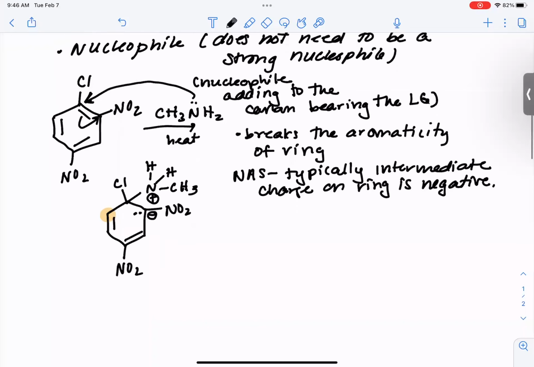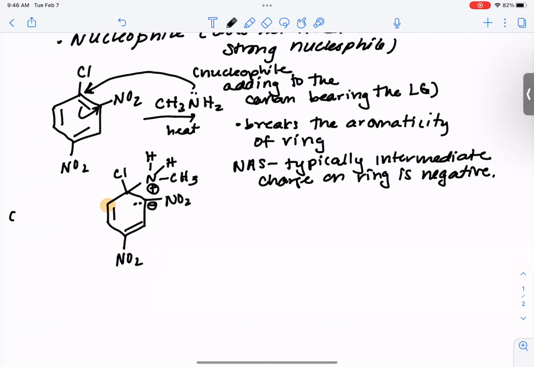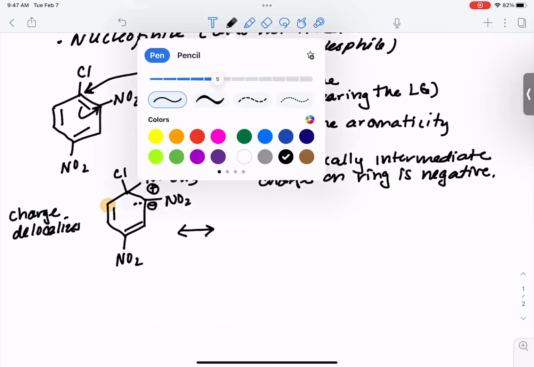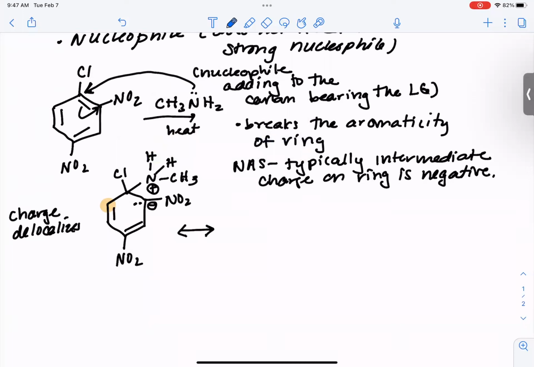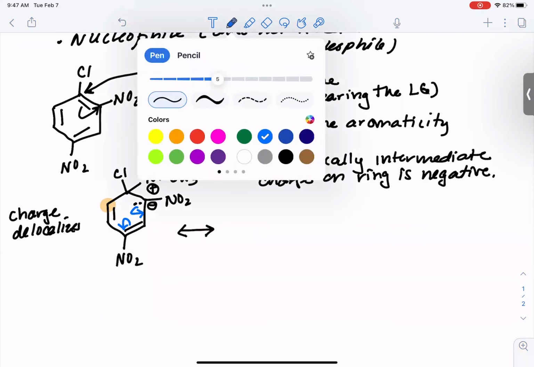All right, so now this charge can delocalize. That lone pair can go between the two carbons, and then we can put a negative charge on the carbon with the para-nitro group.